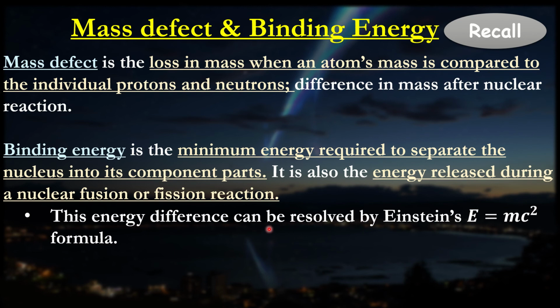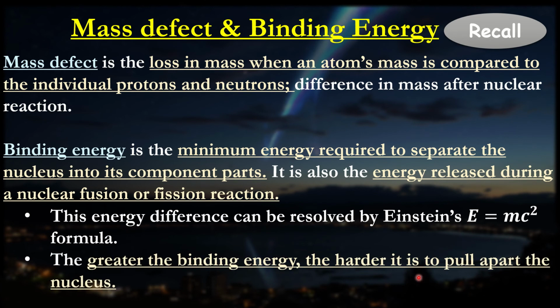This energy difference can be resolved by Einstein's equation E equals mc squared. Remember, we're dealing with really fast moving waves here in terms of gamma rays, and so that's why we see really large amounts of energy occurring, and that's the interchangeability between the mass and the energy for this equation.